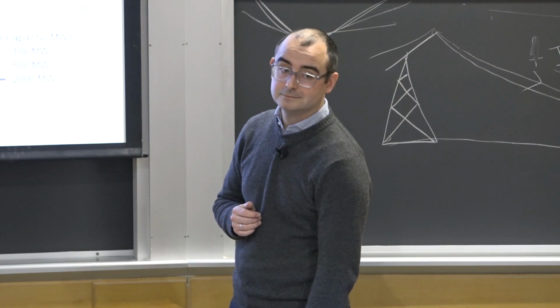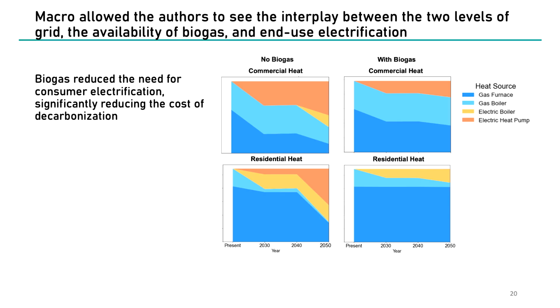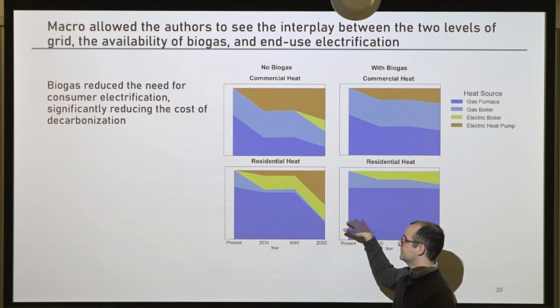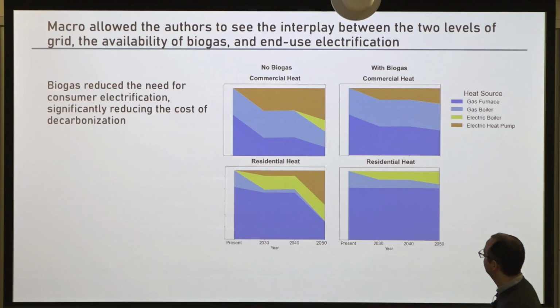Can we go back to the last slide, this one? So these are two types of demand. Commercial end use in the top row, residential end use here, no biogas, with biogas. This is showing the output of the model. Yeah, this is the supply mix as a percentage.